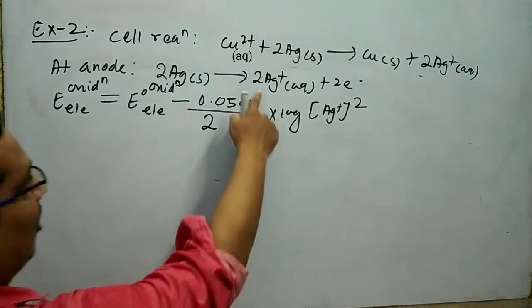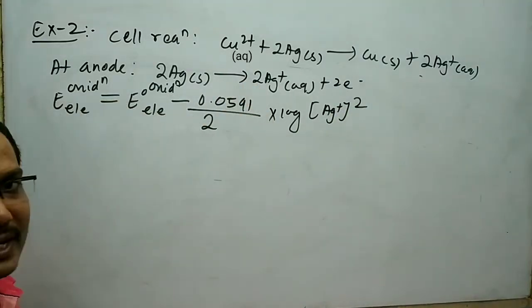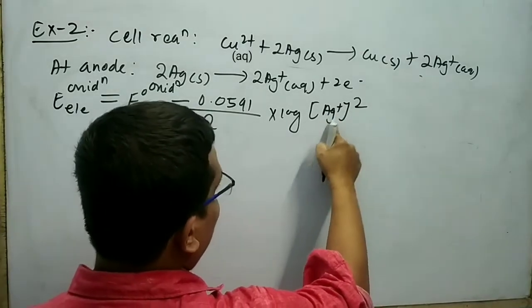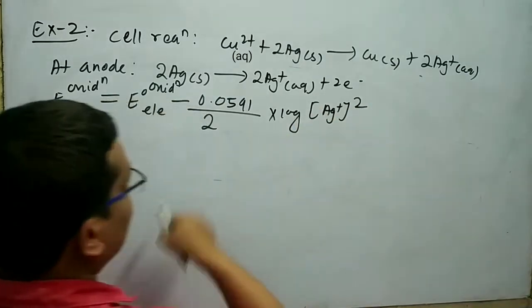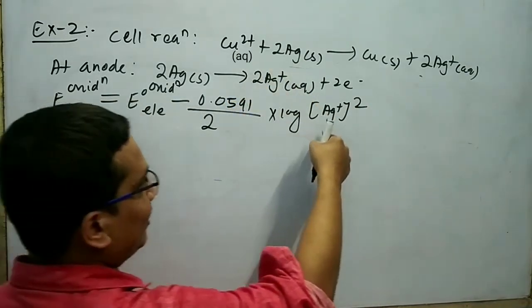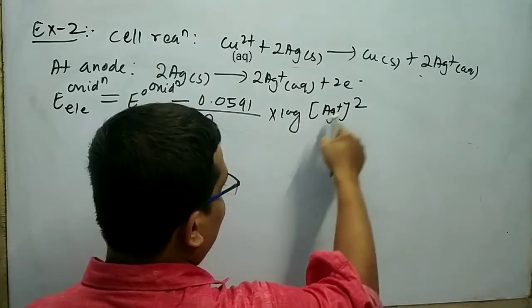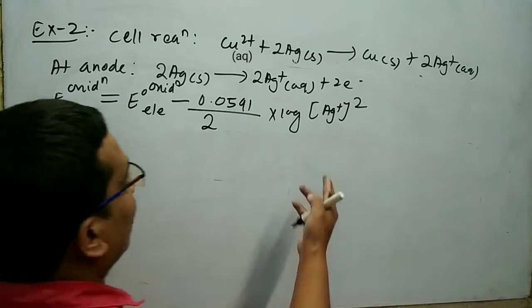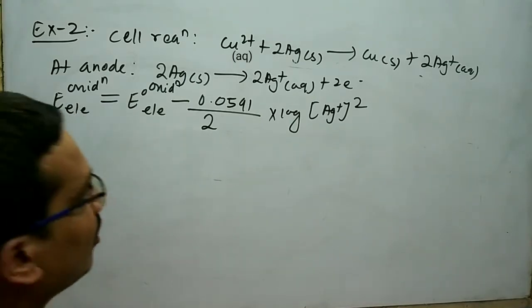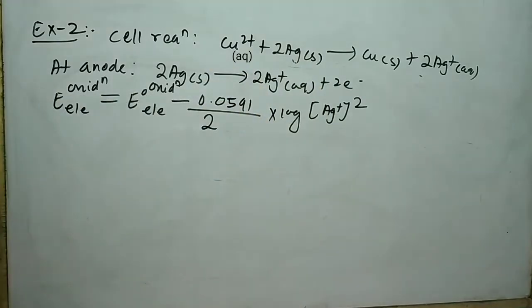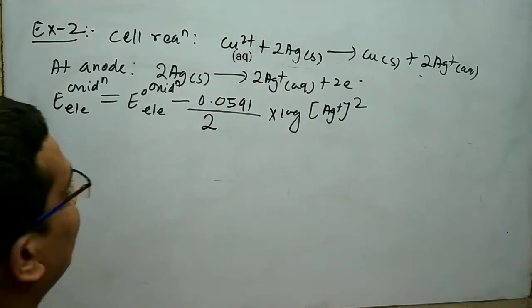Look at that, here 2 mole of Ag plus is written, so it is bound to write concentration of Ag plus power 2. Suppose here 3 mole is written, then I can write Ag plus concentration power 3. Here 2 is written because here 2 electron transferred from 2 molecule of Ag to 1 Cu2 plus ion.